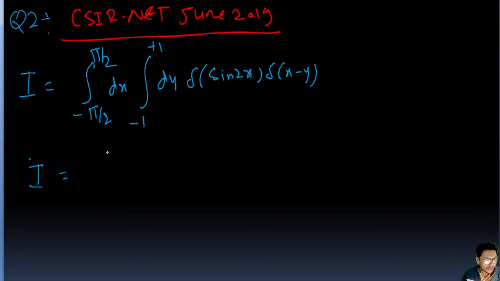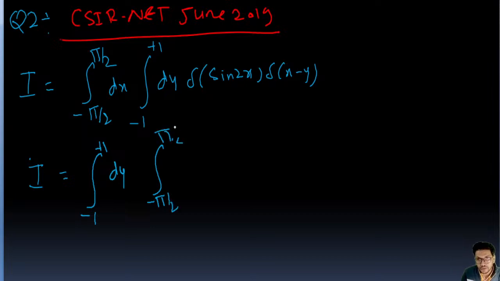So I is going to be, we can write this like this, the integral from minus 1 to plus 1 dy, and the integral from minus pi by 2 to pi by 2 of del sine 2x into del x minus y, okay, and dx outside, right.